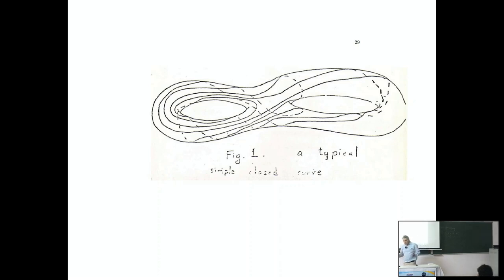Of course, it's not in terms of numbers, but you ask whether the growth is exponential or something else. So this is the problem of the growth rate of the length of simple closed curves. It's important because, as we said, giving the length of the simple closed curves determines the surface completely.